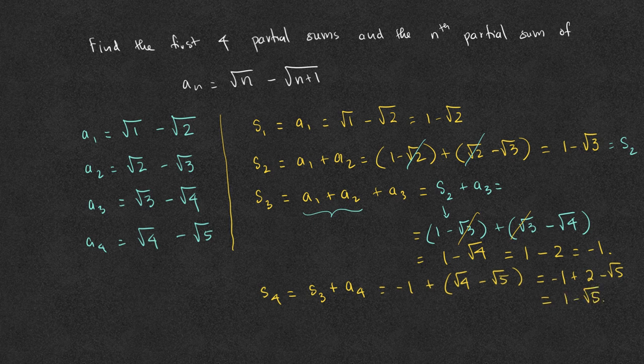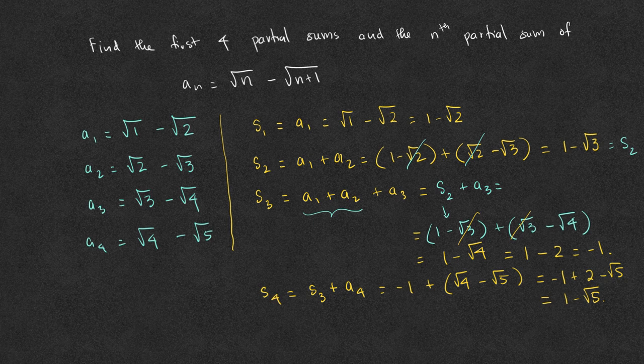Now, the reason why we did not evaluate root 4 is that we want to see if there is a pattern here. S sub 1 is 1 minus root 2. Observe that S sub 2 is 1 minus root 3. S sub 3 is 1 minus root 4 before we simplify it.